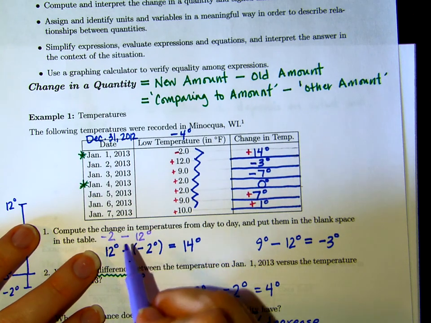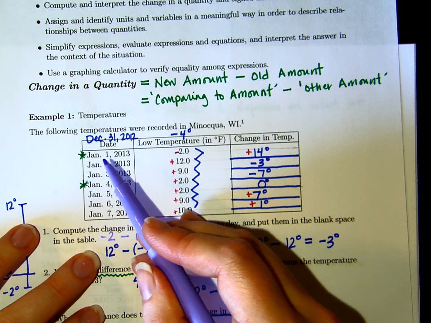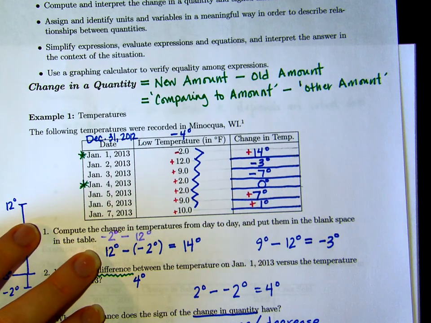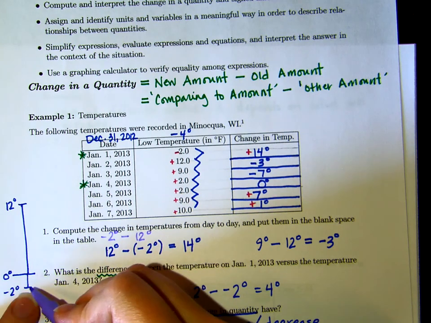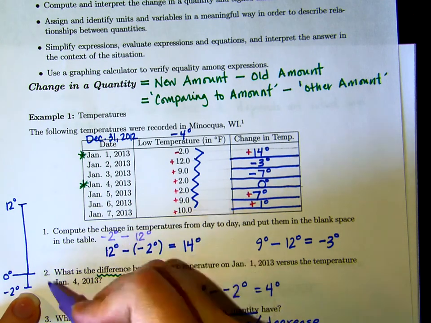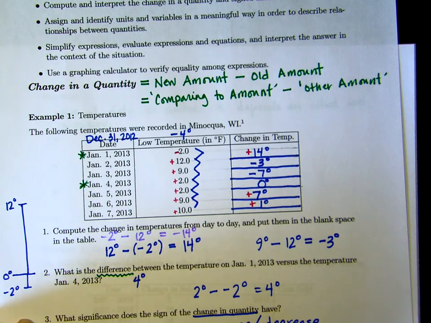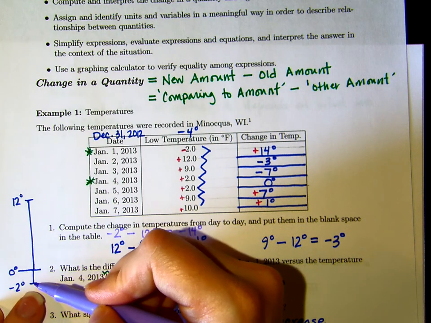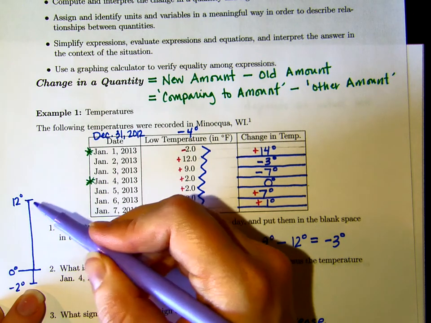So I know that this is out of order because the new amount is actually on the second and the old amount was actually on the first, okay, or temperature. And if we subtract this, so we're down below 2 and we are going further down by 12, would be -14 degrees, okay? So, and here I'm thinking of this as the opposite of down. It went up. So we were below 0 and then we went up to 12.